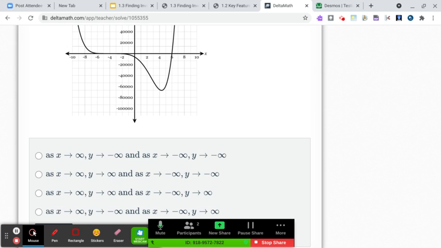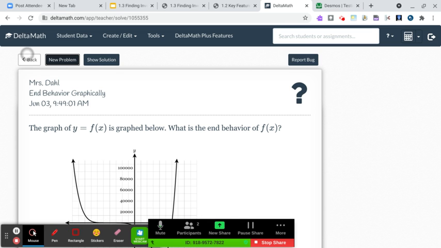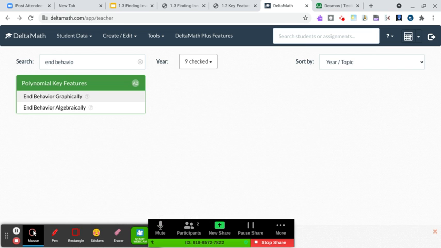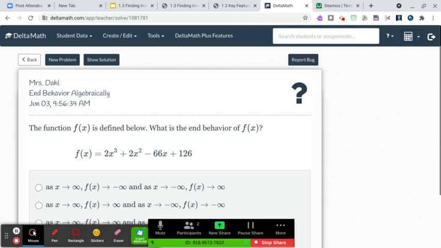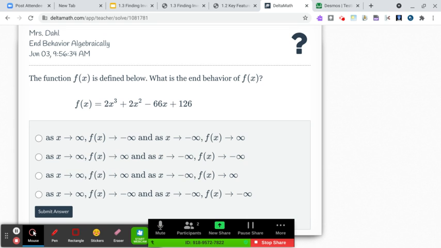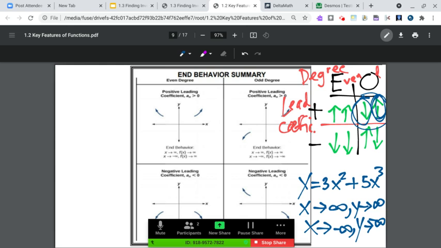Like on the work I give you, the practice problems, I'm going to do end behavior graphically, but see how it says end behavior algebraically? They're just going to give you a function here. You can, again, just use that little chart or type it into Desmos. Okay, you good to move on?